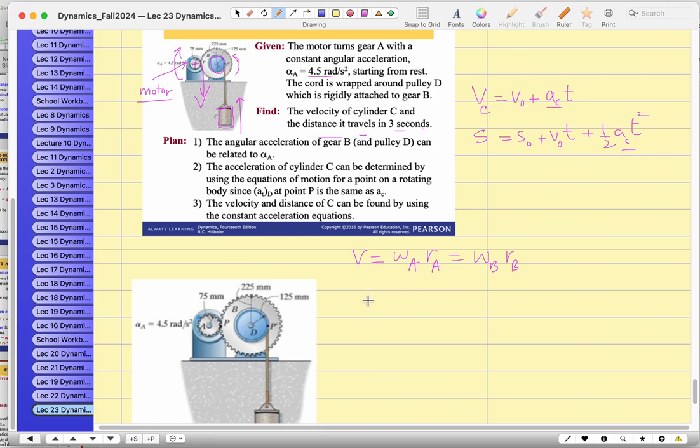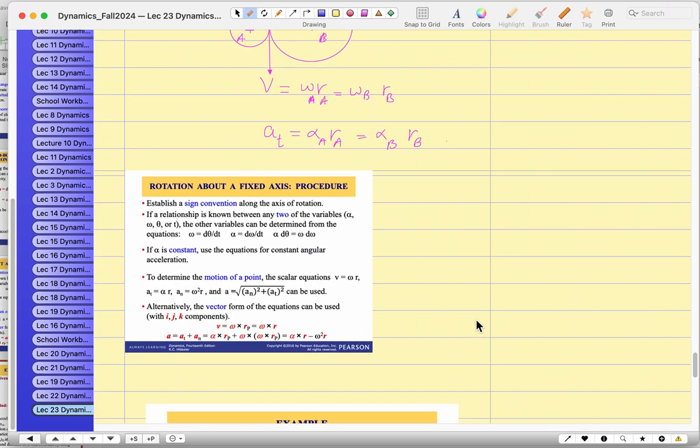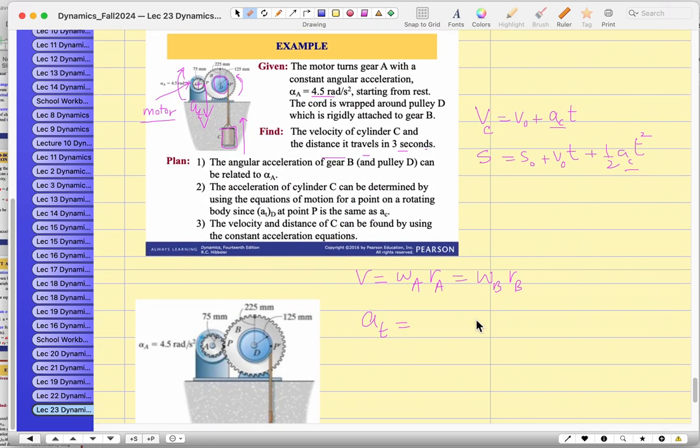Also, the tangential acceleration at this point is the same. Not omega, but this one: alpha A R A equals alpha B R B. So alpha A is 4.5.